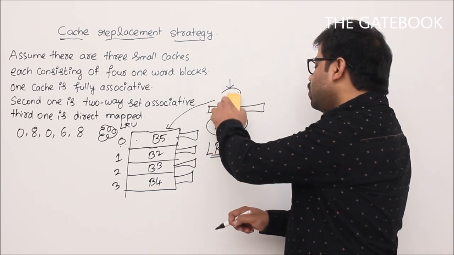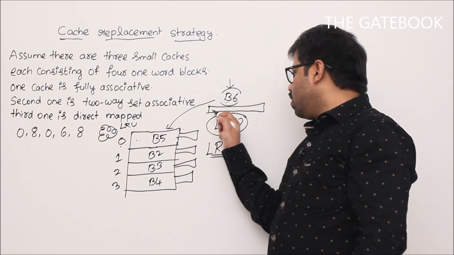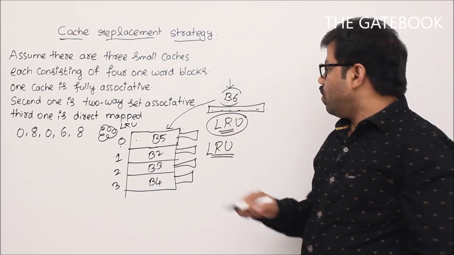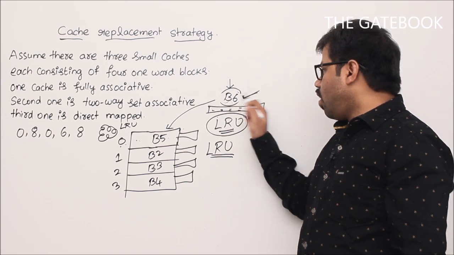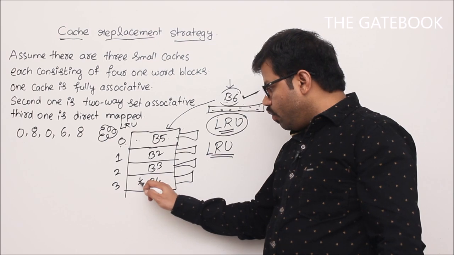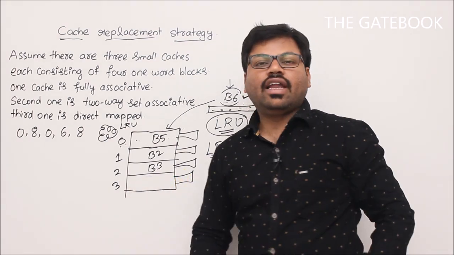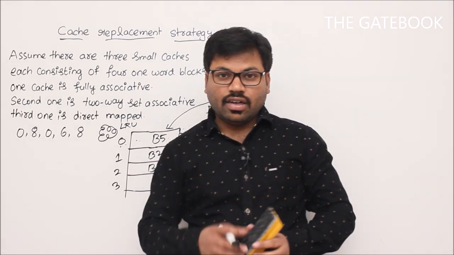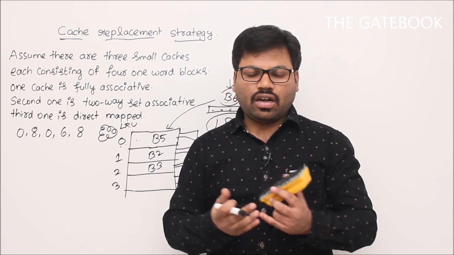Later, suddenly the user refers to a memory block called B6, which is not available here. But currently, let's say B4 is least recently used, then that will be replaced. In that way the LRU algorithm will work. Understand? The least recently used block will be removed.